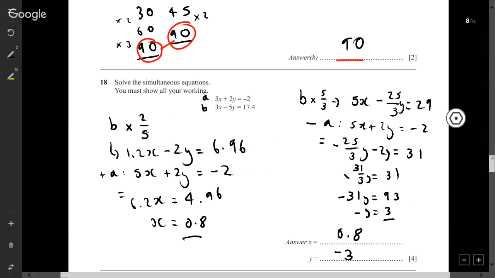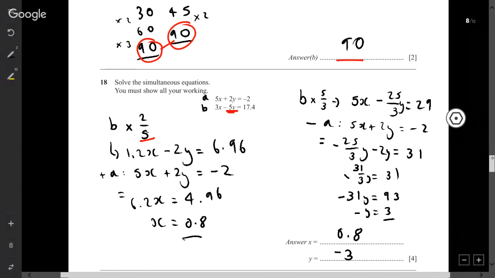So I want to be able to get rid of the y's first of all. So in order to make 5y a 2y, I'm going to times the whole equation by 2 over 5. This goes to 1.2x minus 2y equals 6.96.